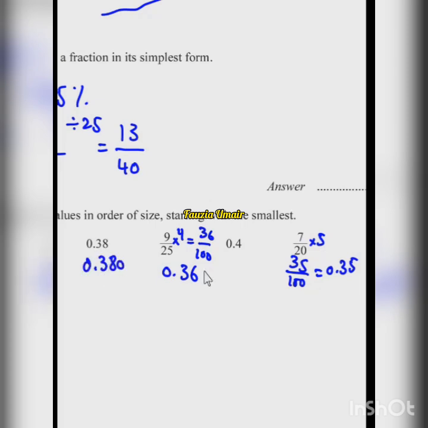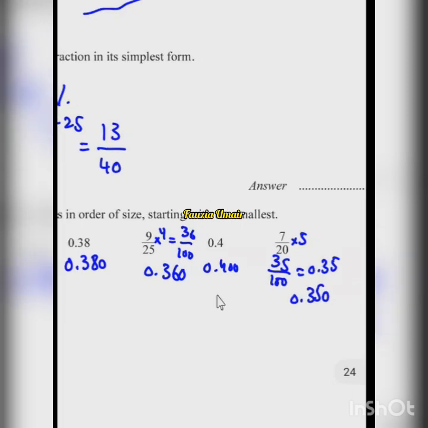This is 0.360, 0.400, and you have 0.350. So which one is the smallest? 7/20 is the smallest.